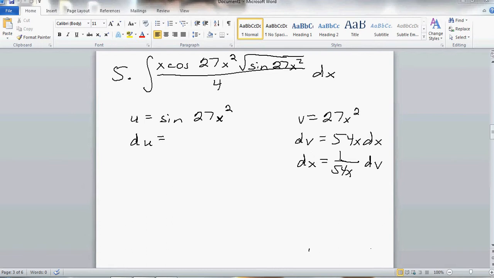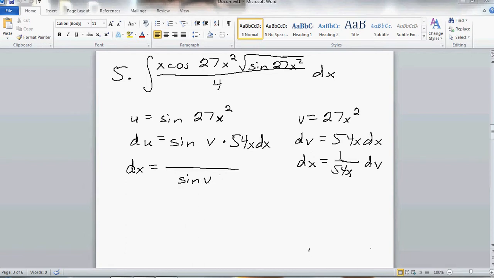So what we're going to do is this now becomes the sine of v dv, but dv is 54x dx. So now we immediately solve for dx here. Dx would become what?